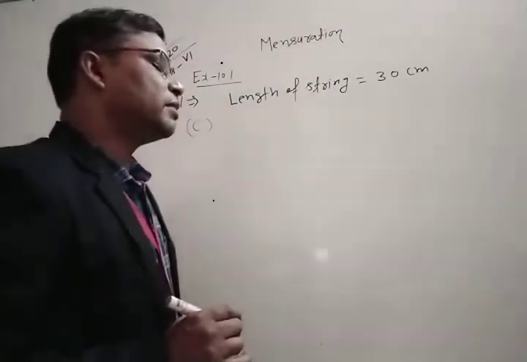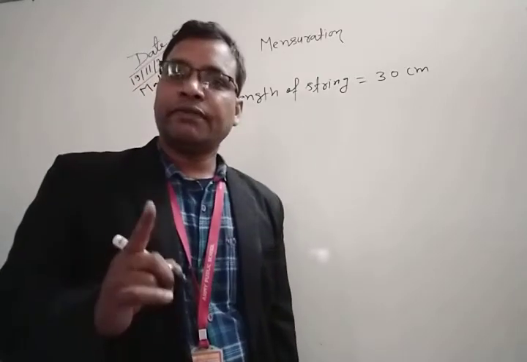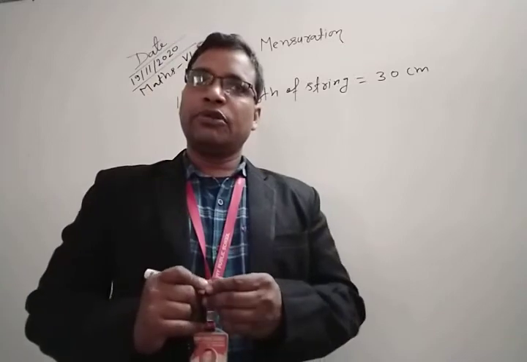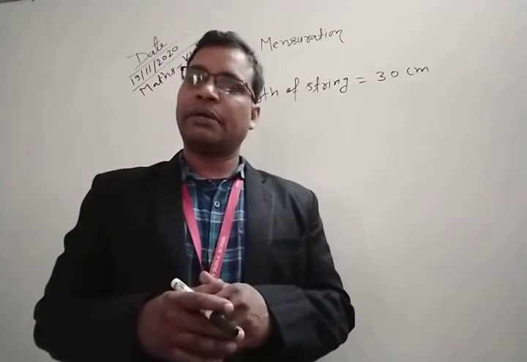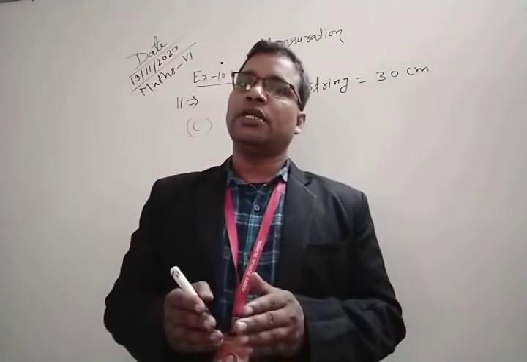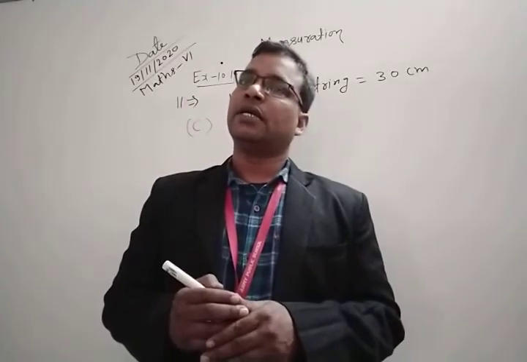So first we find the perimeter of the regular hexagon. Why do you find the perimeter? Because if you divide the perimeter of the regular hexagon by 6, then you obtain each side of the regular hexagon. In this question, we need to find the side of the regular hexagon.